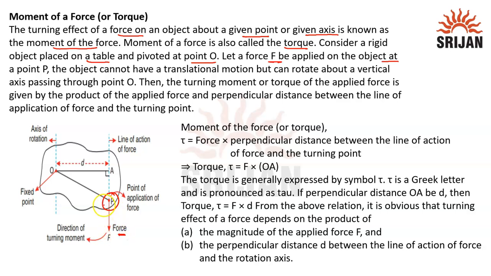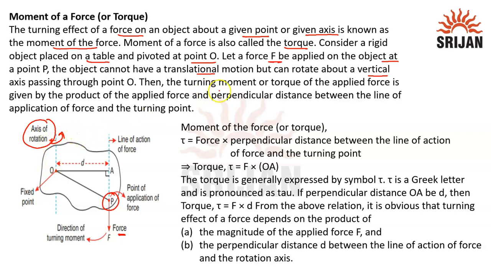Here we can see. Now when we are applying the force, since the object is pivoted at a point, this is a fixed point, the object cannot have a translational motion, but it can rotate about a vertical axis passing through the point O. Here we can see this is the axis of rotation which is passing through the fixed point O. So the object can rotate about this fixed axis.